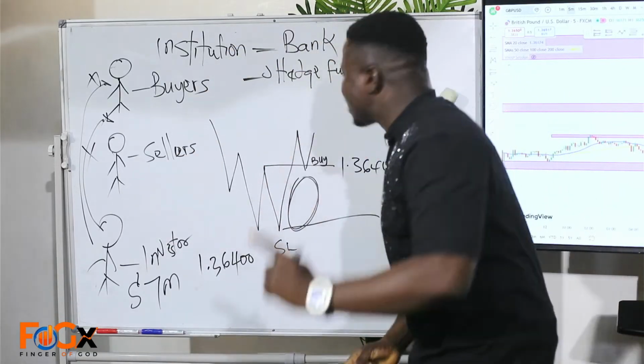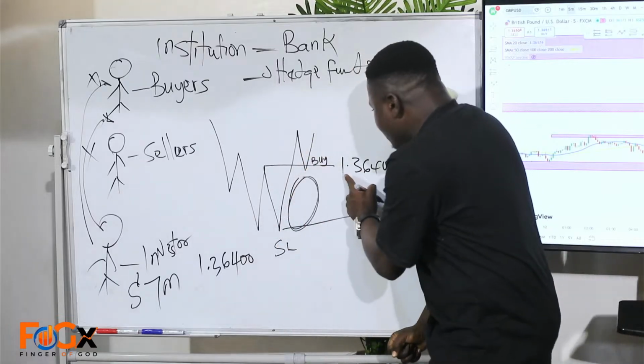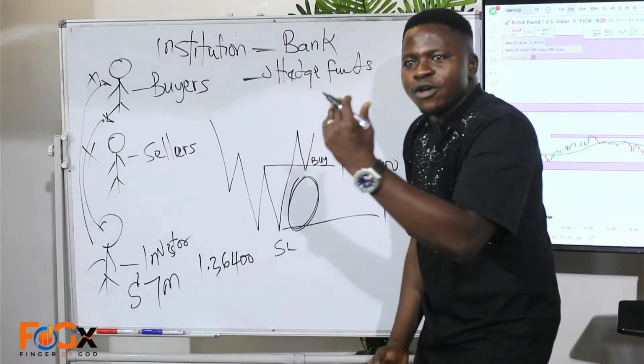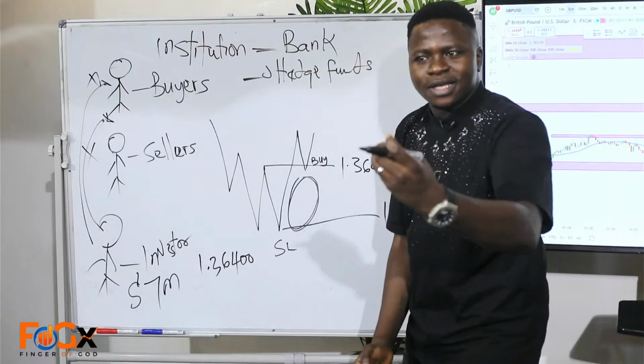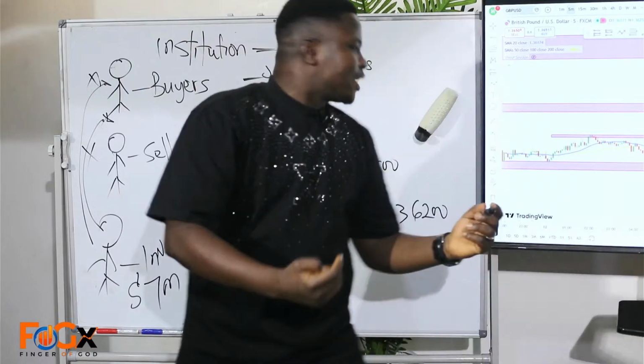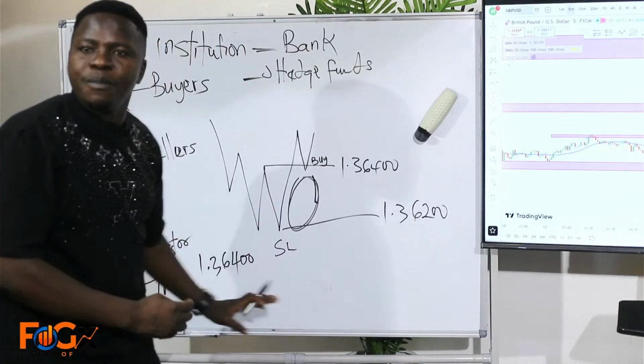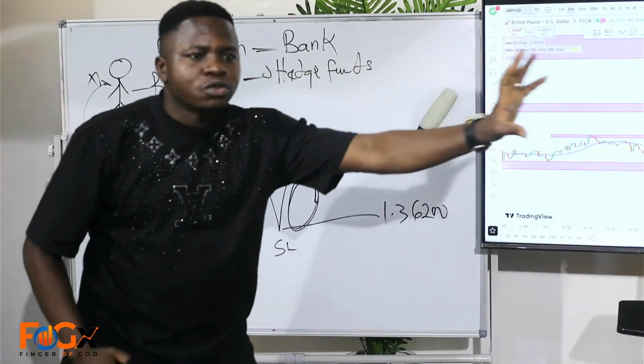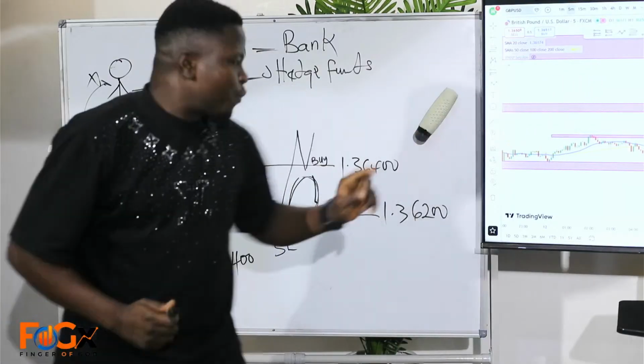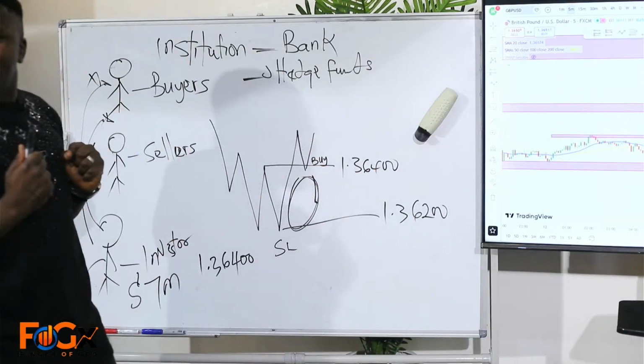So they are always waiting for price to come to 1.36390, 380. So the moment price drops a little, from the 7 million, they put $70,000. Price moves back again, they wait.